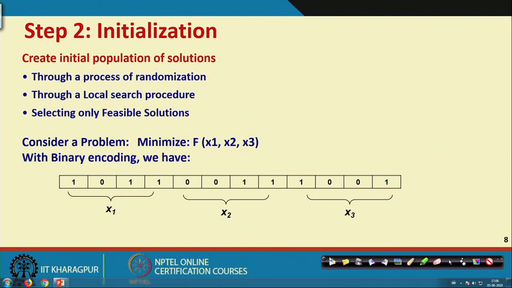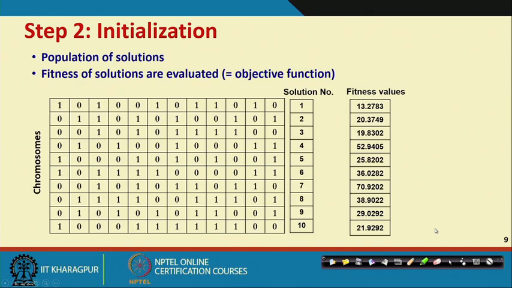Once the population is created, we go to the next stage. Here you can see 1, 2, 3, 4, 5, 6, 7, 8, 9, 10. So, here 10 chromosomes, 10 solutions, are created. So, we had tossed something like 120 times.